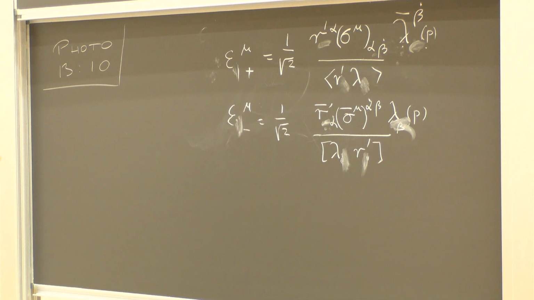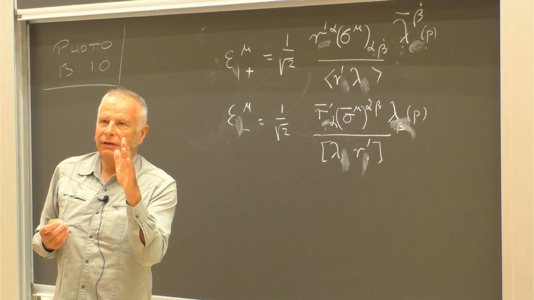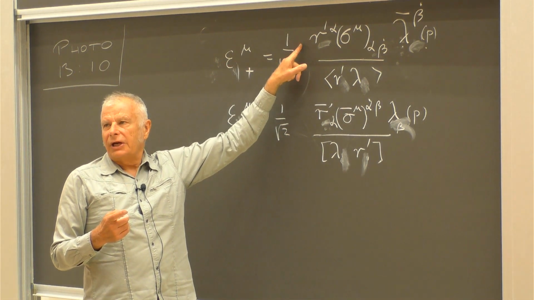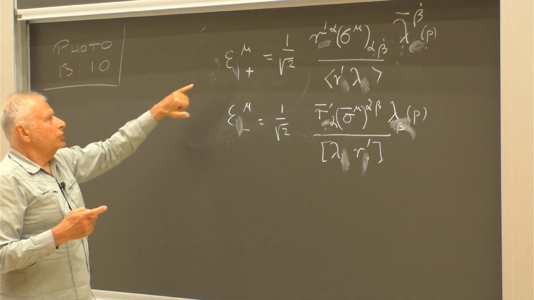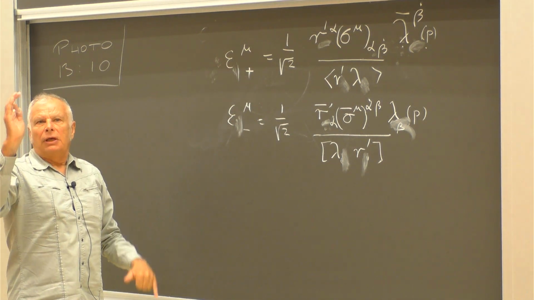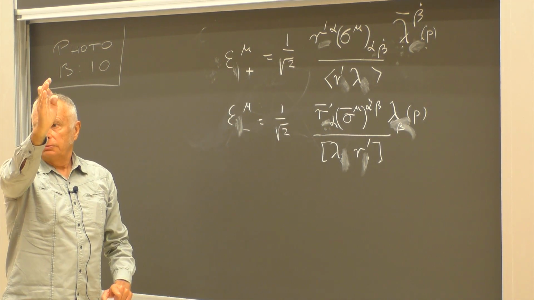Now, the next step is to show, in a trivial exercise, that changing these reference vectors from r prime to arbitrary r corresponds to shifting the polarization vectors by a term which is proportional to the momentum, in this case, p mu.